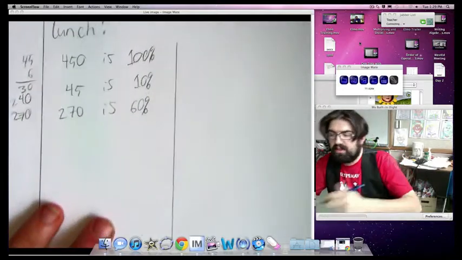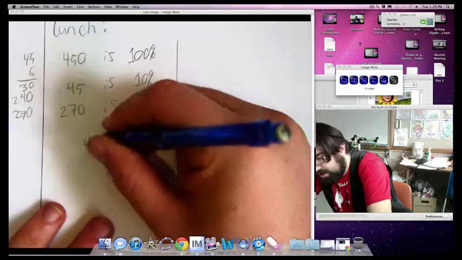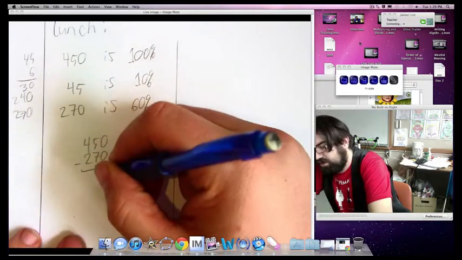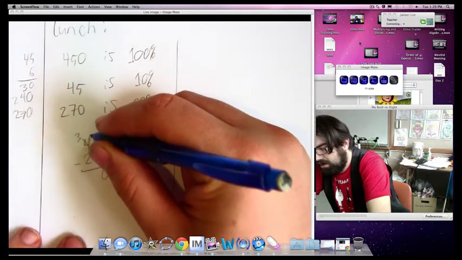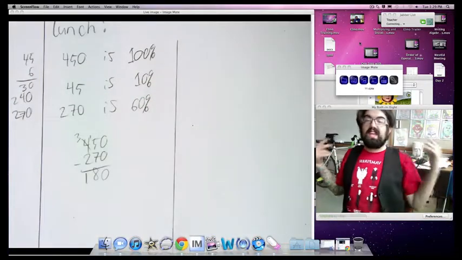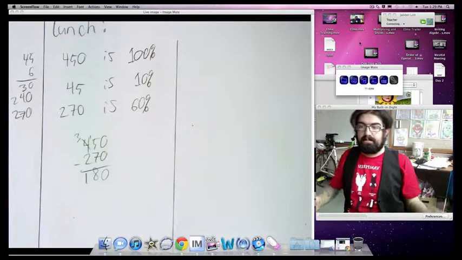So let's see. I started with 450 and I sold, so I got rid of 270. 0, the borrow, 15 minus 7 is 8. 3 minus 2 is 1. So he has 180 technically left.